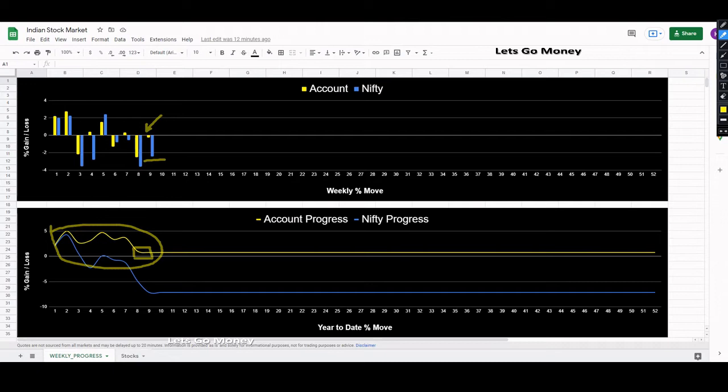Here we are at week 9, and we actually gained 5% in the first 2-3 weeks, but we were losing money after the 5th week. For a month the market has been going down, but this is the real situation. We cannot really escape from this. We have to manage our trades and see how to enter again when the market goes up. So let's move on to the trades.